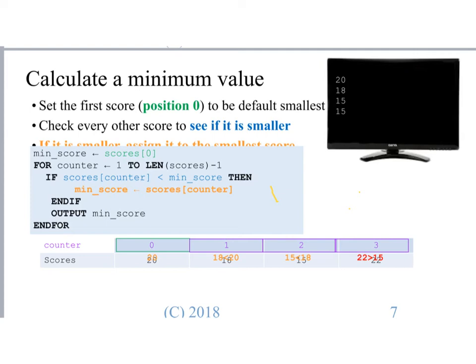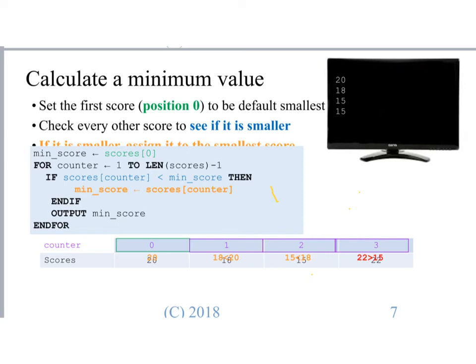So here we go. We've got our counter. Position 0 starts off at 20. Then position 1 is 18. 18 is less than 20, so that becomes the minimum score. Move on to position 2, we have the score 15. 15 is less than 18, so that becomes the minimum score.